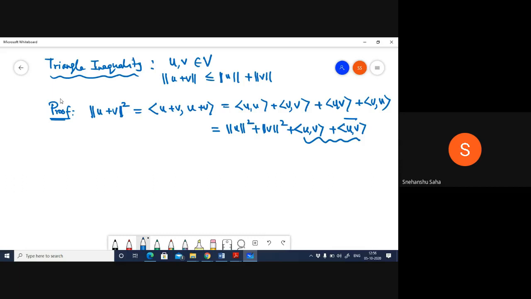Any complex number z, right? Which is represented in the form of a plus ib, where z conjugate is a minus ib. So when you take the sum of z and its conjugate, you actually get 2a, which is nothing but 2 times the real part of z.